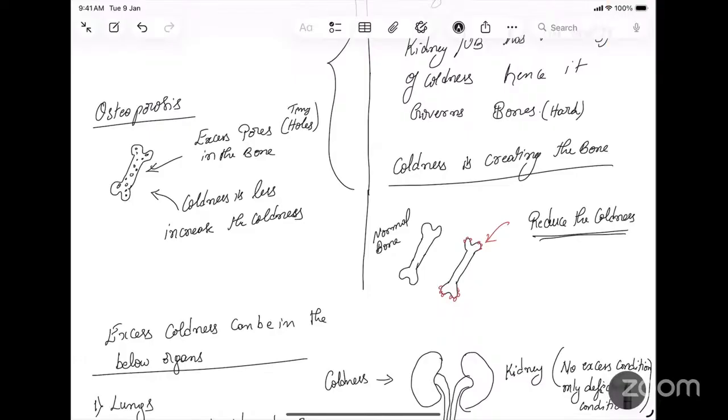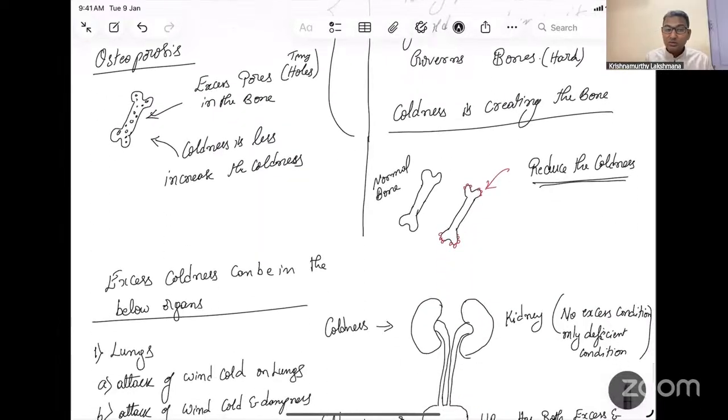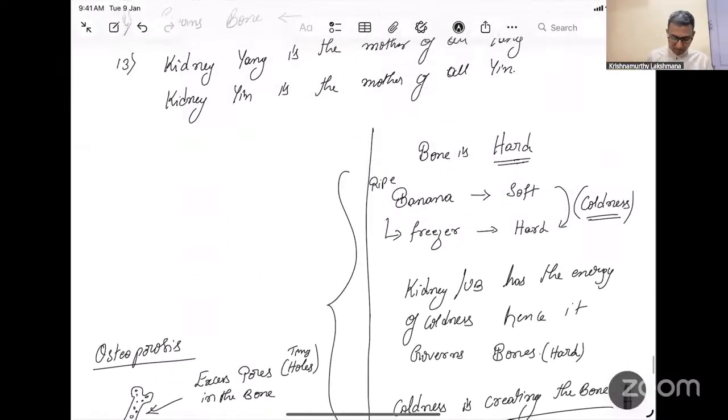Increasing heat. Okay, you have to increase. See, what are the 5 elements?